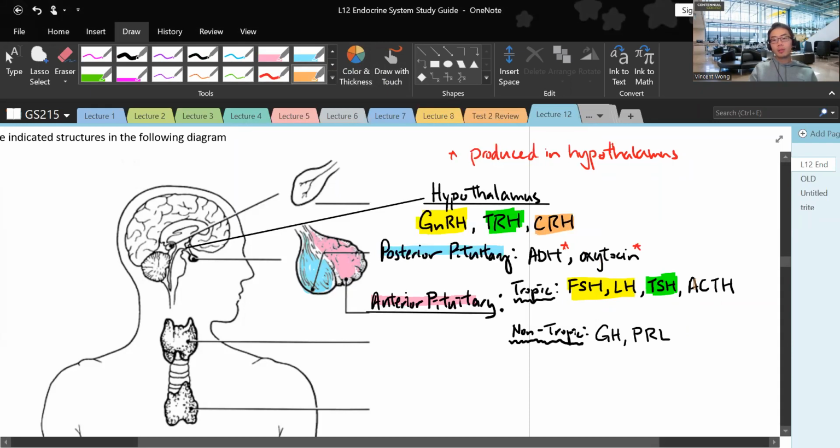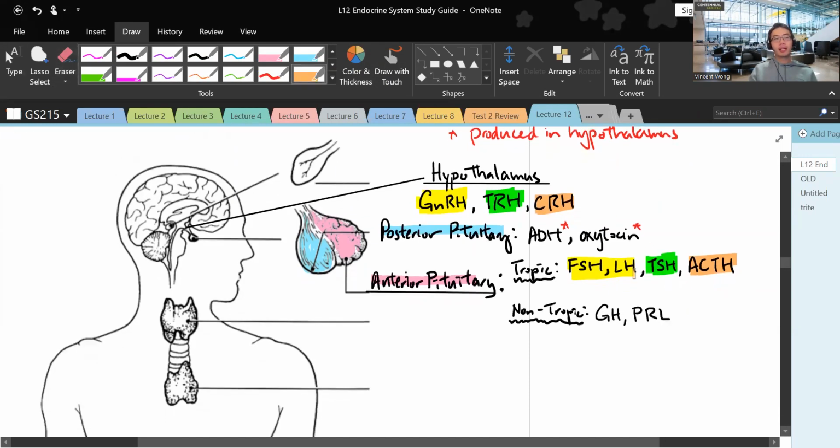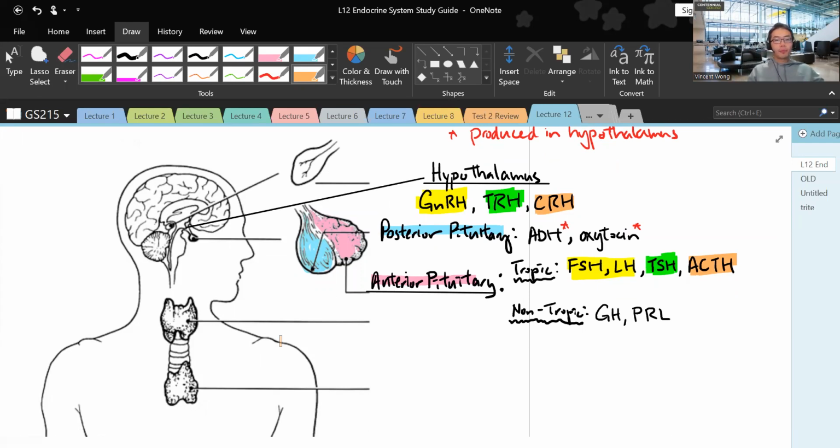Corticotropin releasing hormone is going to trigger the release of ACTH. So they belong to the same pathway. Now, GH and prolactin have their own releasing hormones, but we're not going to talk about them for this lecture. I'm just going to pause for a moment and see if everybody is okay.